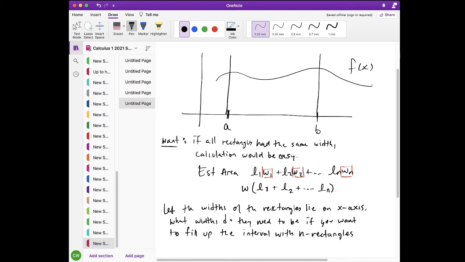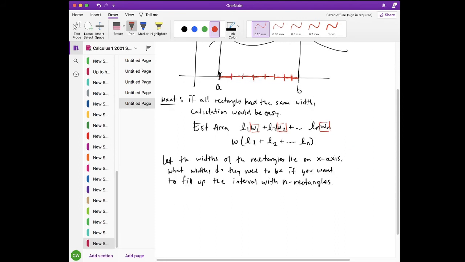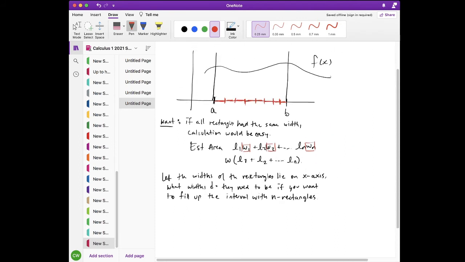Each of these is going to be the width of a rectangle. If I want to evenly divide this into n pieces, what is the width of each rectangle? Remember, I want the widths to be the same.